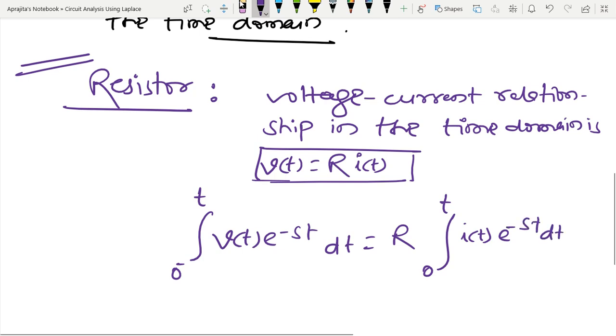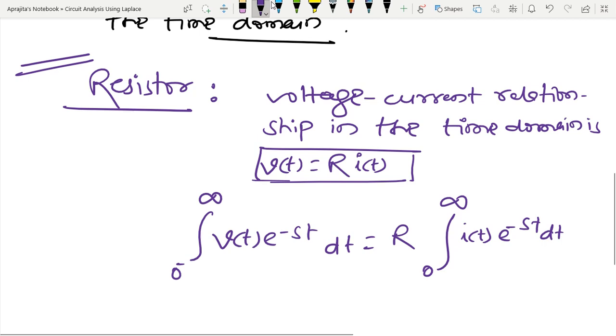Basically the upper limit is not t, it is infinity, because I am going to apply the Laplace transform. Now you can symbolize this.